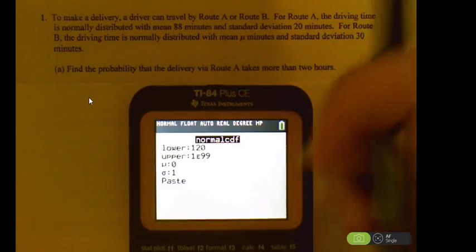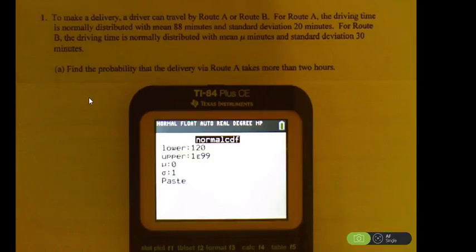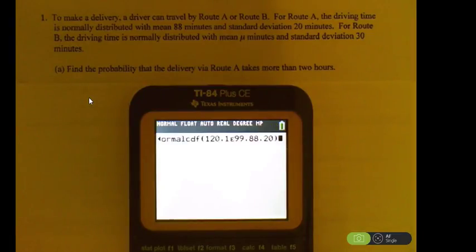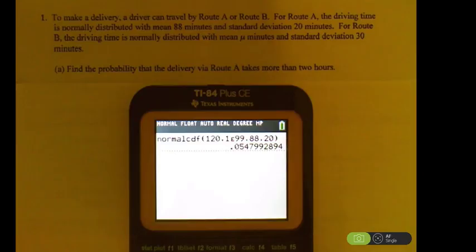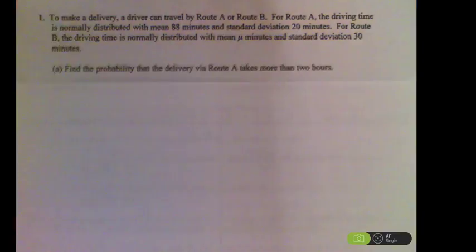That would be our setup. They gave us the mean for route A was 88 minutes, and standard deviation was 20. So there's our setup, and there's our probability. As always, remember when you round, you got to go 3 sig figs, and the leading zero doesn't count, so 0.0548 would be the most appropriate answer.